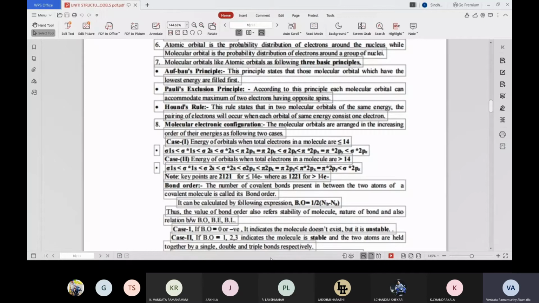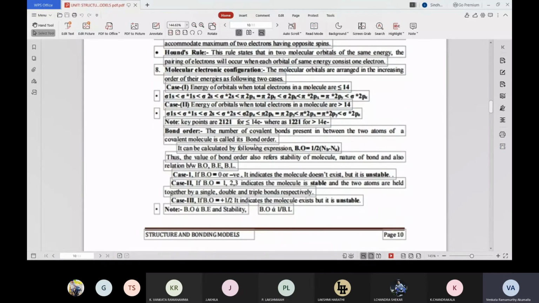Case 2: if bond order is equal to 1, 2, 3, it indicates the molecule is stable, and the 2 atoms are held together by single, double and triple bonds respectively. Bond order 1 is a single bond, bond order 2 is a double bond, bond order 3 is a triple bond. That is the main important point.